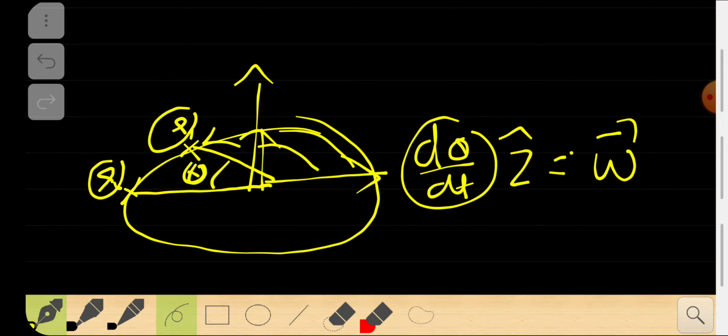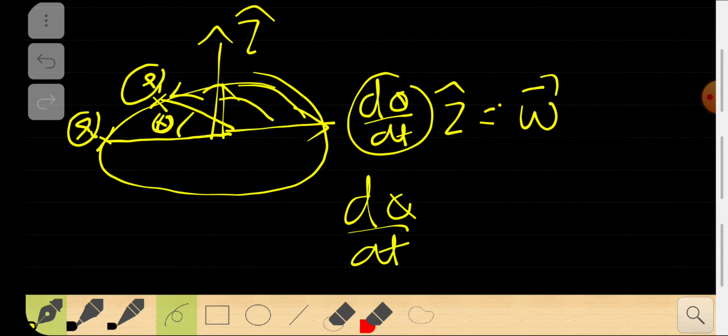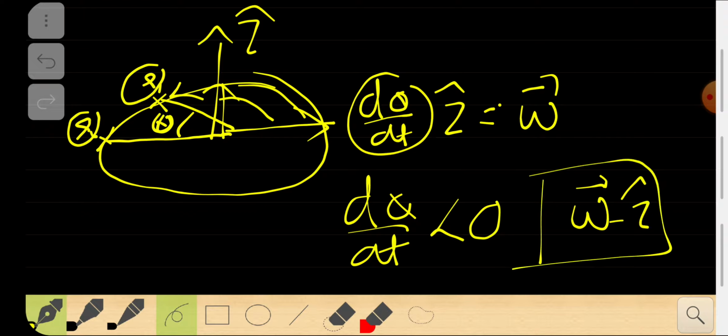So that's the positive z direction. Also, if d theta by dt is less than 0, negative, then omega is going to be in the negative z cap direction. That's the basic gist of what we have learned so far.